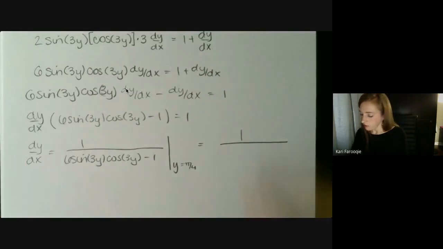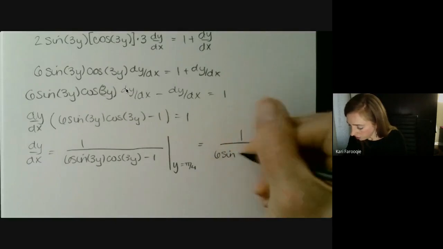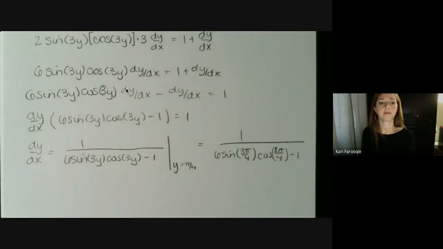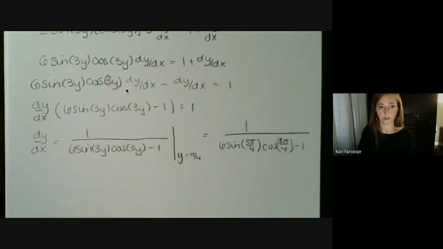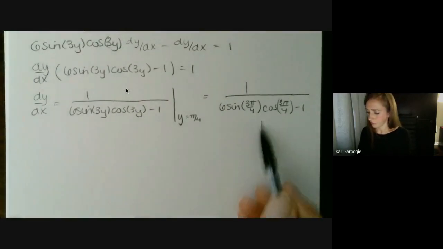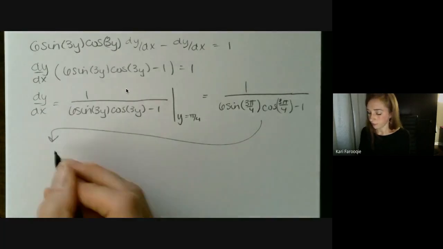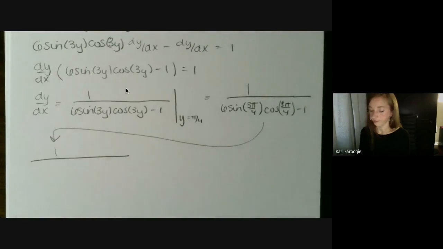So this is 1 divided by 6 times the sine of 3 pi over 4 cosine 3 pi over 4 minus 1. Now, the sine of 3 pi over 4, remember 3 pi over 4 is in quadrant 2.